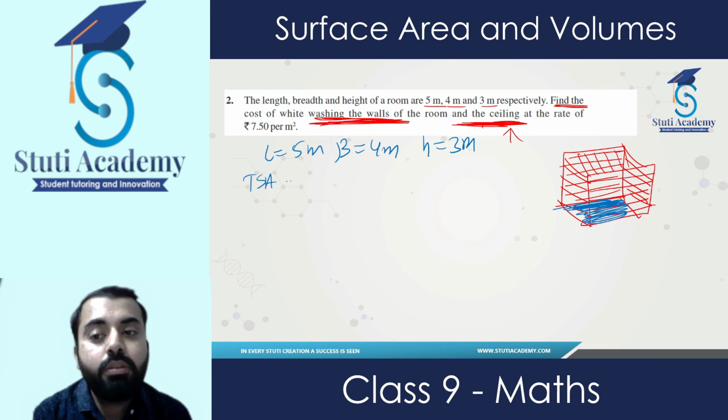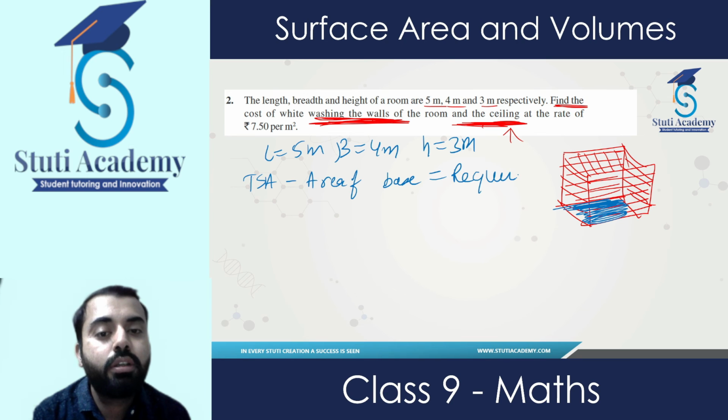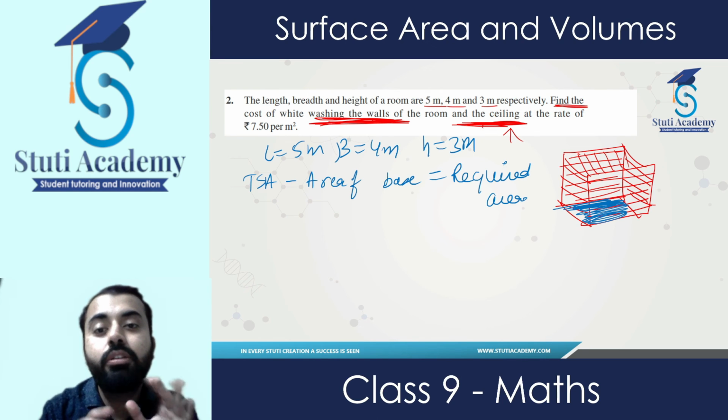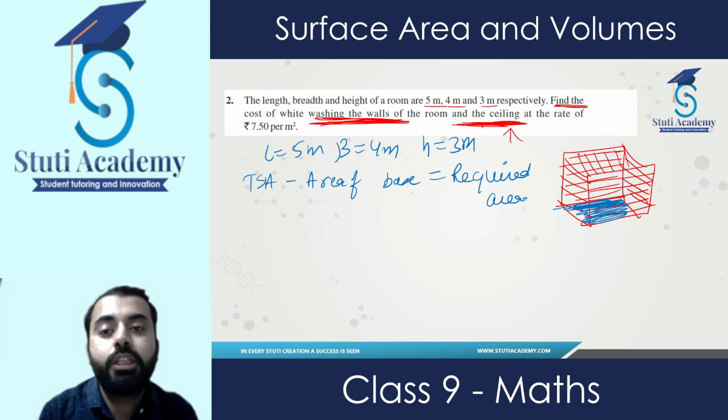Total surface area minus area of base, that is my required area, right? It was given to you that you are going to paint the four walls and the ceiling, but you are not going to paint your floor. It was obvious to us that we won't be painting our floors.